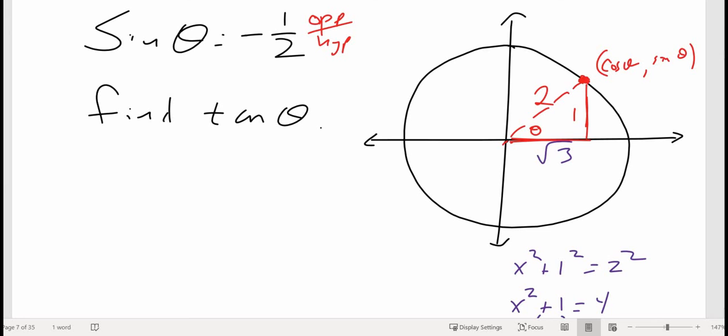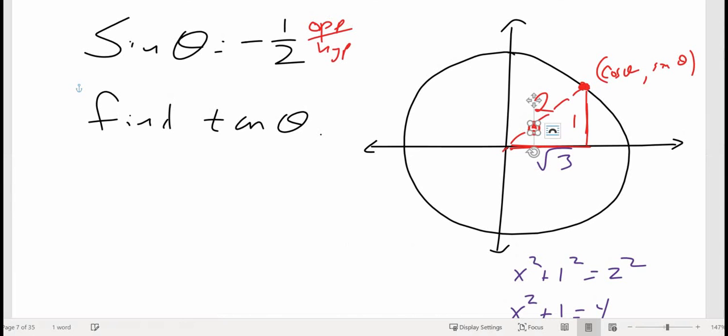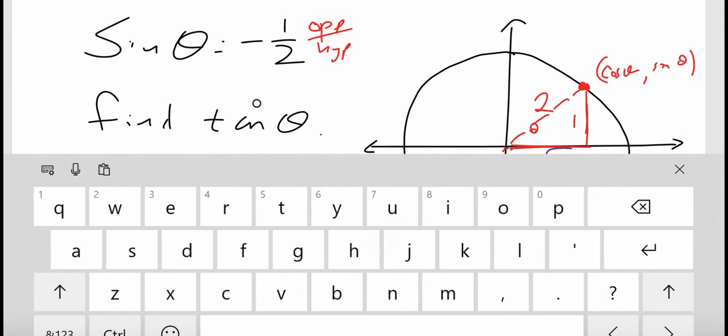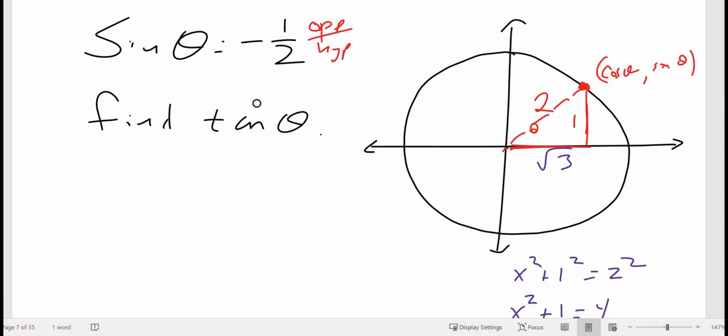So looking at that triangle, and right now I'm still ignoring the fact that it was a -1/2. I have to deal with that, but I'm going to do it in a minute. So for right now, I'm going to call this angle theta hat, because it really is a different angle than the one that I have, but it's still going to give me some information.